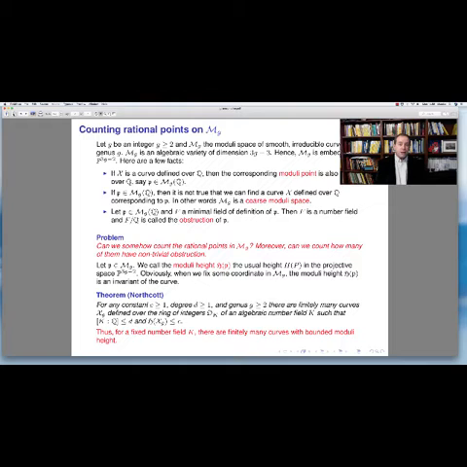The first naive way to do this is to embed the moduli space in the projective space, and we have a way to count points in the projective space, namely the height machine, through the Weil heights. And so we want to do that.